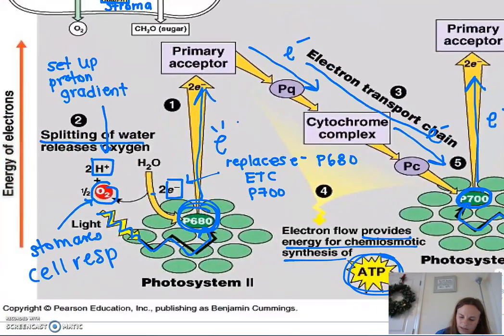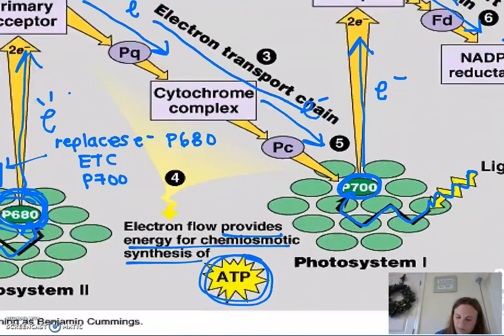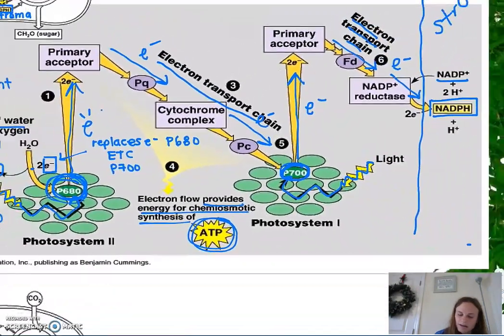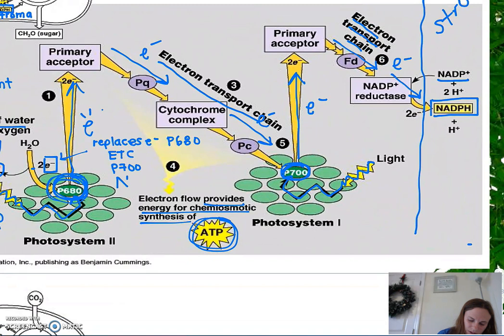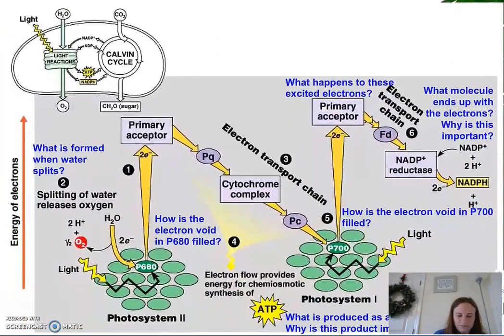So it replaces the one lost in P680, goes down an electron transport chain, ends up in photosystem 1 in P700, gets excited, and ultimately is going to help reduce NADP plus to NADPH. And NADPH is important, similar to why ATP is important, because they're both going to be used for the Calvin cycle. So now let's fill in our note packet.